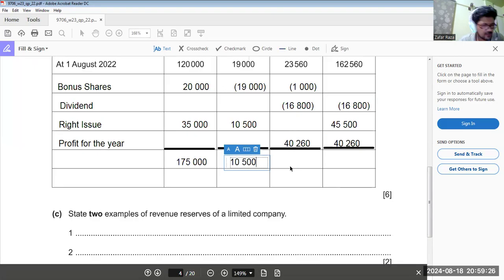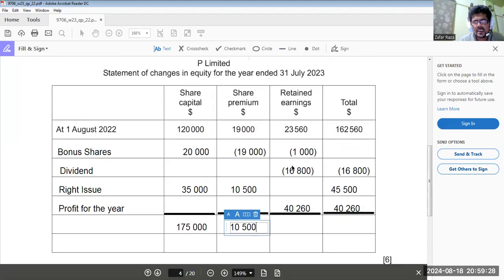Here we have to calculate 23,560 minus 1,000 minus 16,800 plus 40,260. 46,020.